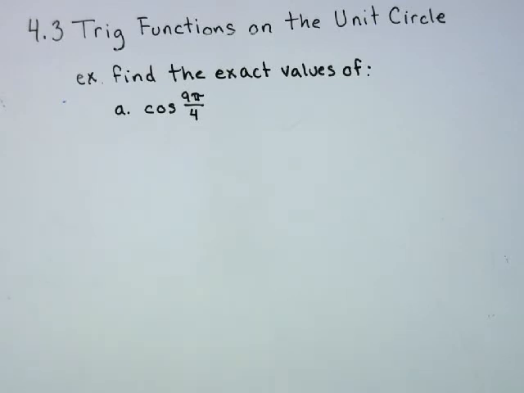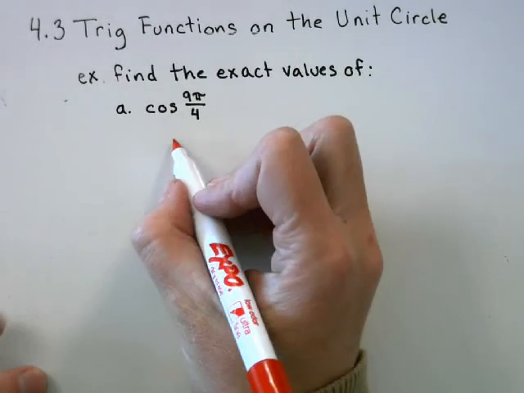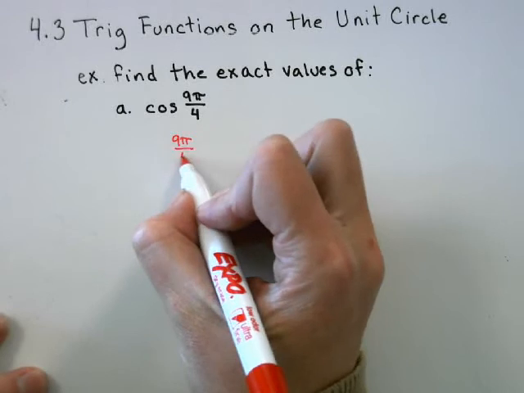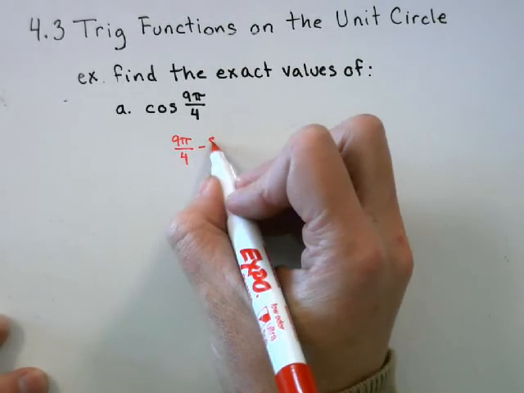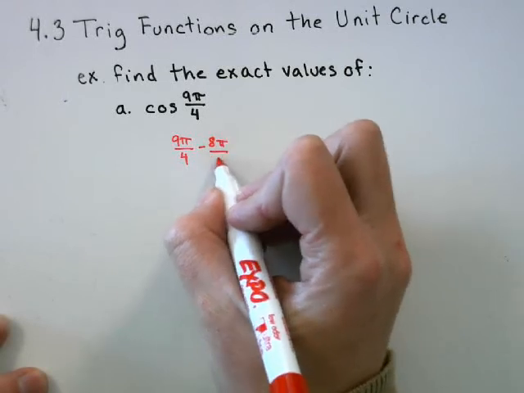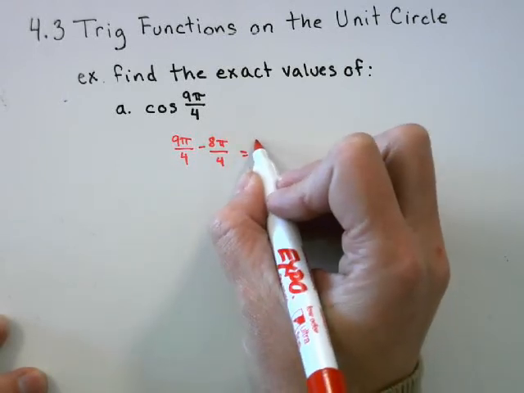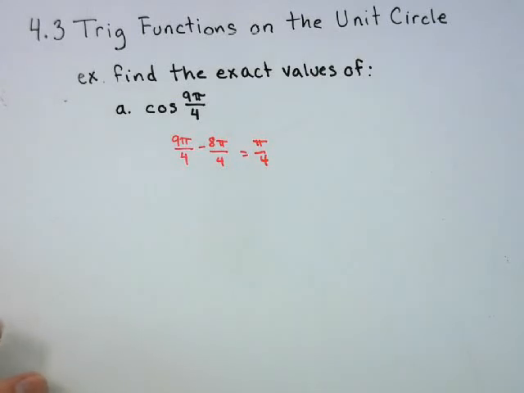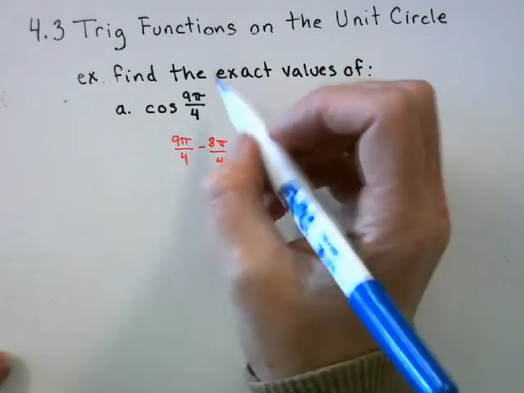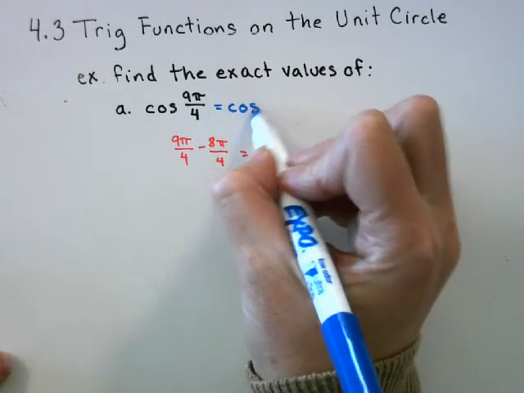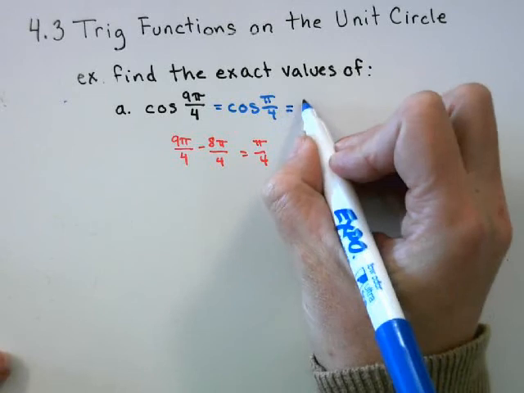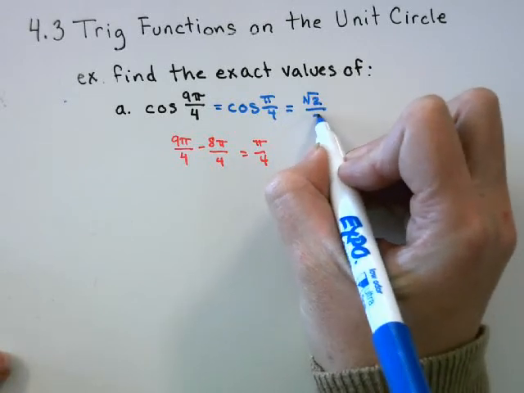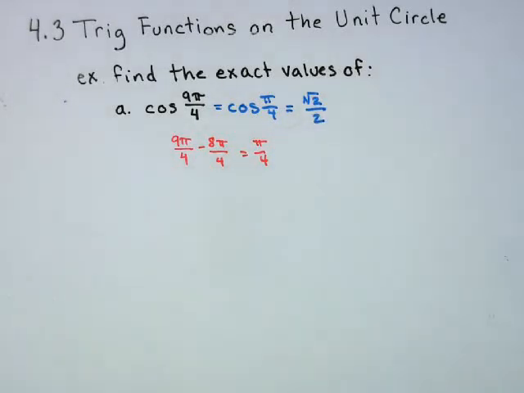So what I'm going to do is take 9 pi over 4 and subtract 2 pi, because that would be a full rotation around the unit circle. So it's going to be minus 8 pi over 4, which is pi over 4. So cosine of 9 pi over 4 is going to have the same cosine value as pi over 4. Using our unit circle, that's going to be root 2 over 2.